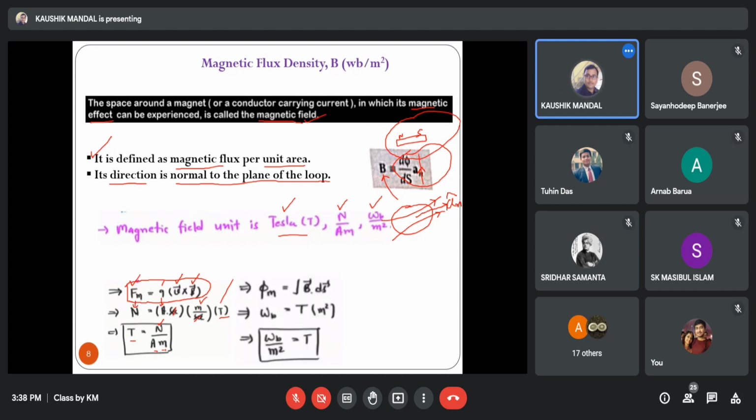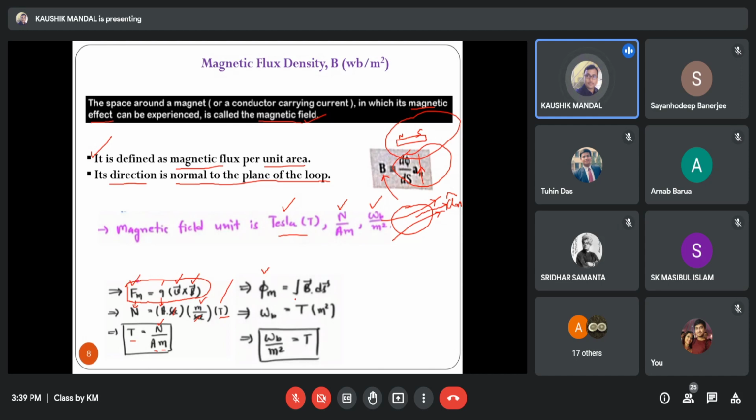Next, second case, that is the magnetic flux density. Magnetic flux phi m equal to, this relation will also be discussed later. Phi m equal to integration of, already we have mentioned it during the discussion of magnetic flux.